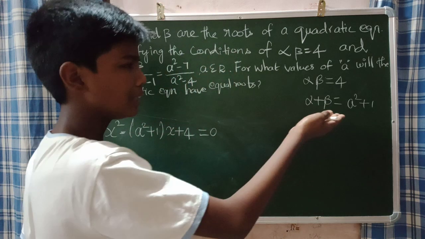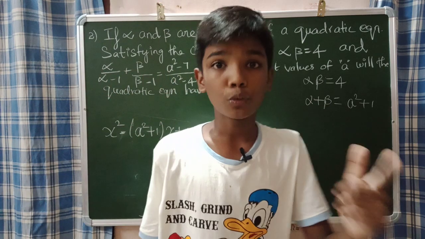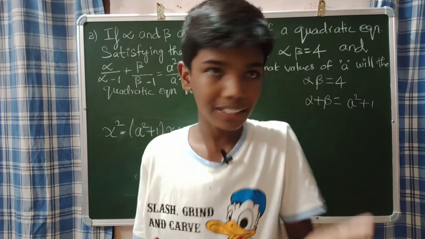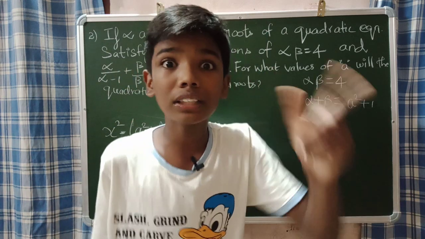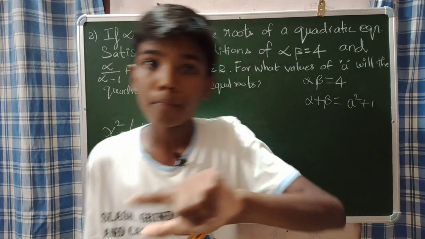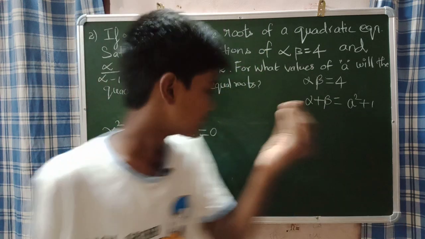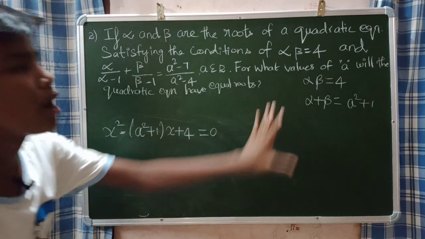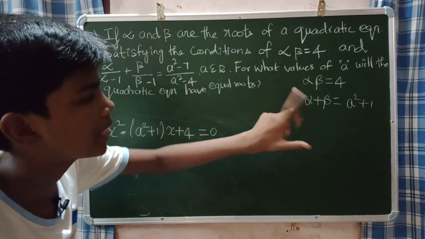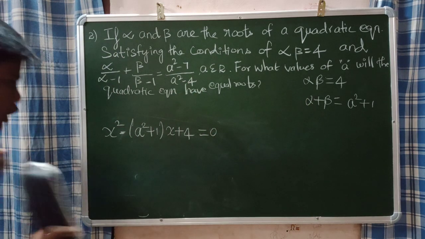What is alpha plus beta? That is minus b by a. It is one of the formulas which you learned in your quadratic equation. And what is alpha beta? It is c by a. Using those values, I can say that this will be the quadratic equation. Very simple thing, guys. Only the formulas for alpha beta and alpha plus beta help us to find this quadratic equation. That's all. Understand this.